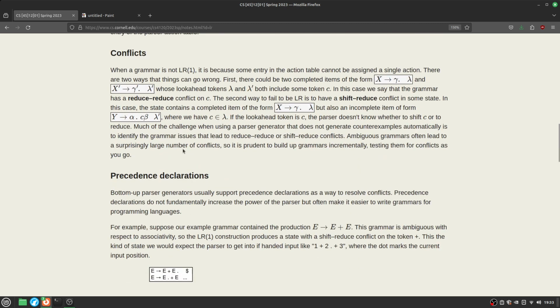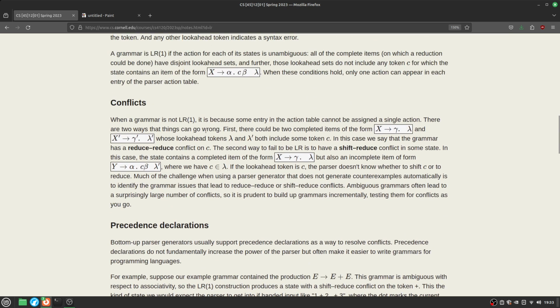LR1 construction is fine. Conflicts, I still don't really understand this notation. When a grammar is not LR1, it is because some entry in the action table cannot be assigned a single action. There are two ways that things can go wrong. First, there could be two completed items of the form X tends to some completed terminal and X prime tends to some other completed terminal, with some other look-ahead token.